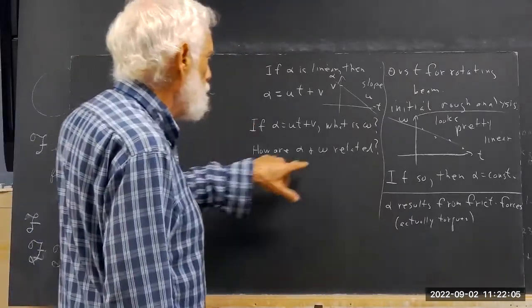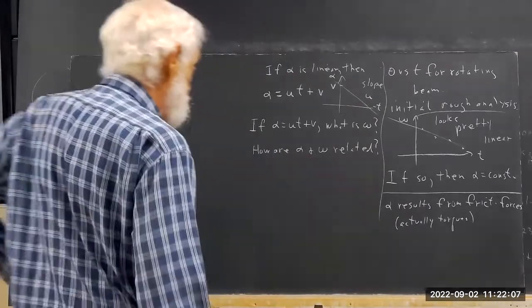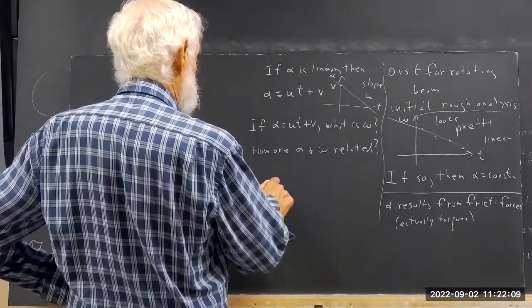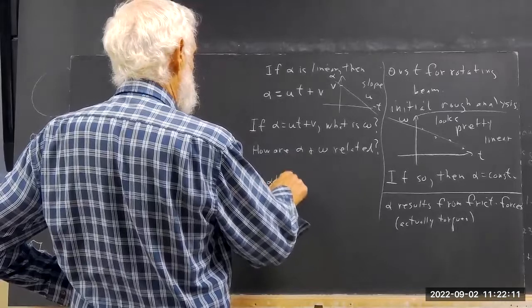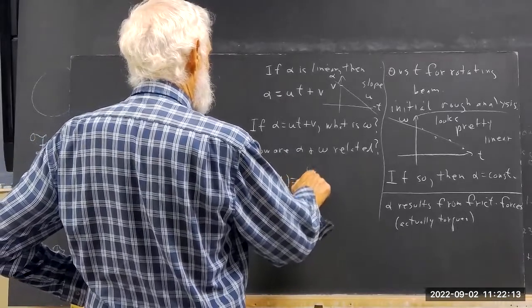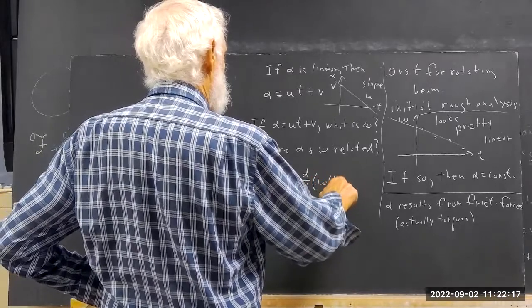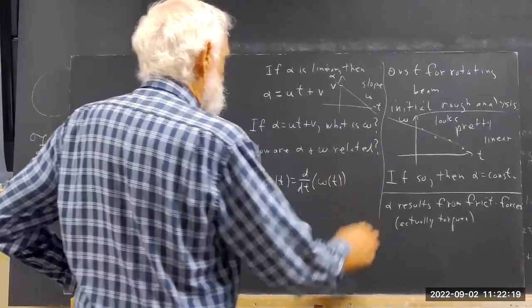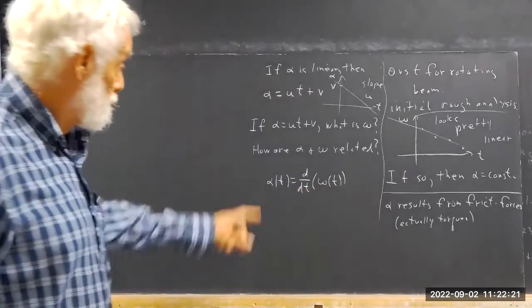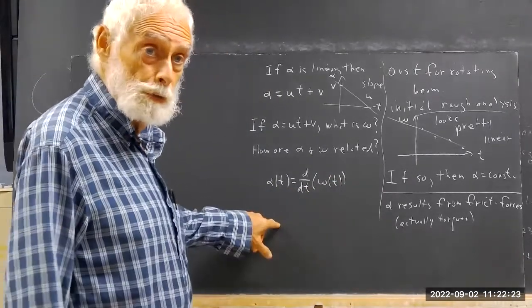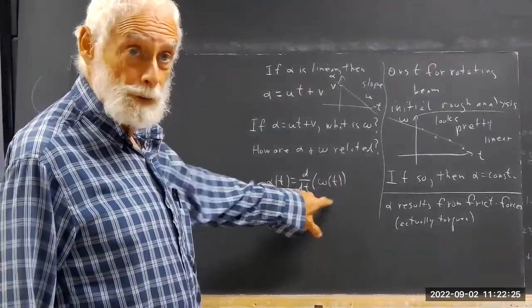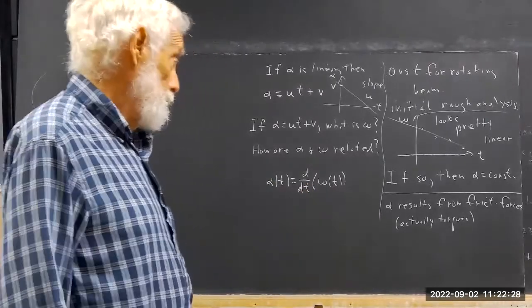Okay, so anyhow, how are alpha and omega related? Well, I'll emphasize the t dependence of these things and the fact that you're taking the derivative with respect to t. I'll write it out completely, and we can write it shorter.